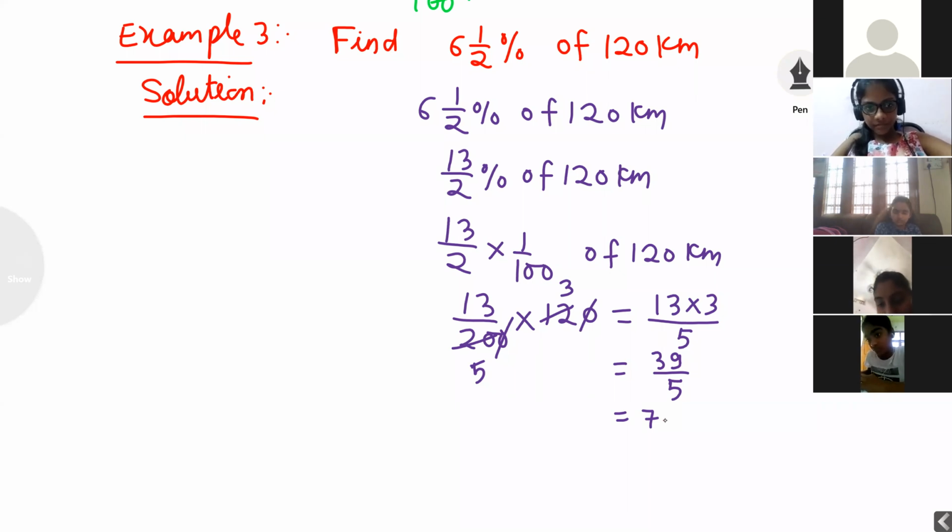Again 30 divided by 5 is 6: 7.6 kilometer.